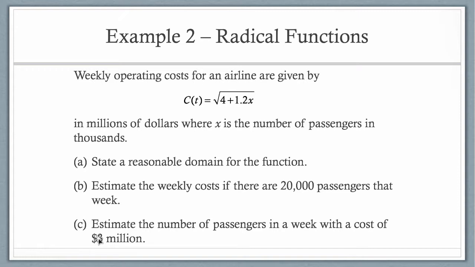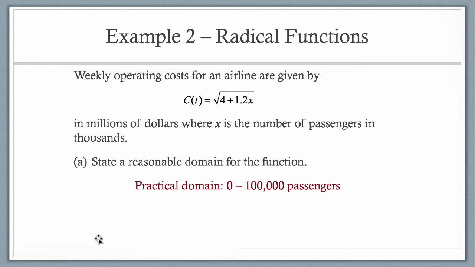We're talking about passengers on an airline, so you could be creative, but we know that we can't have negative passengers and we can't have infinite passengers. One possible practical domain would be 0 to 100,000 passengers, or you could have 0 to 1,000,000 passengers. It really does not matter what the exact numbers are, as long as they make sense in the problem.